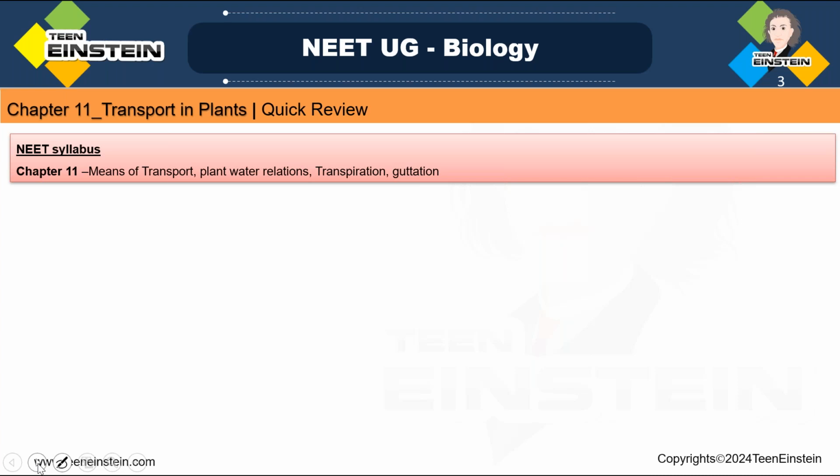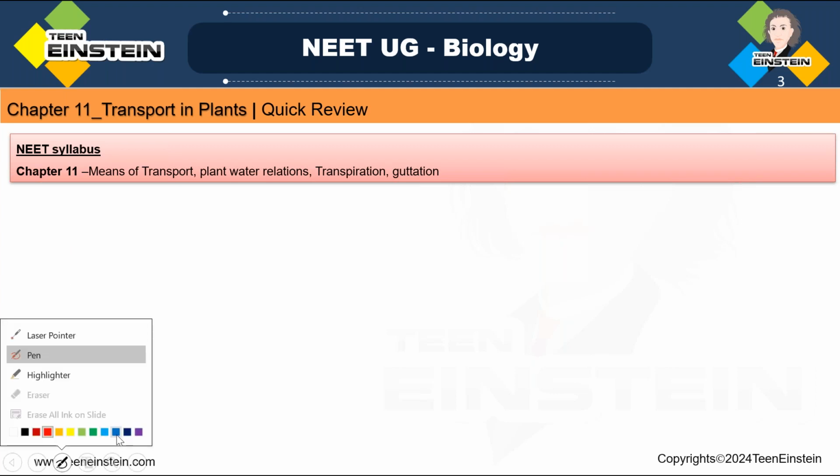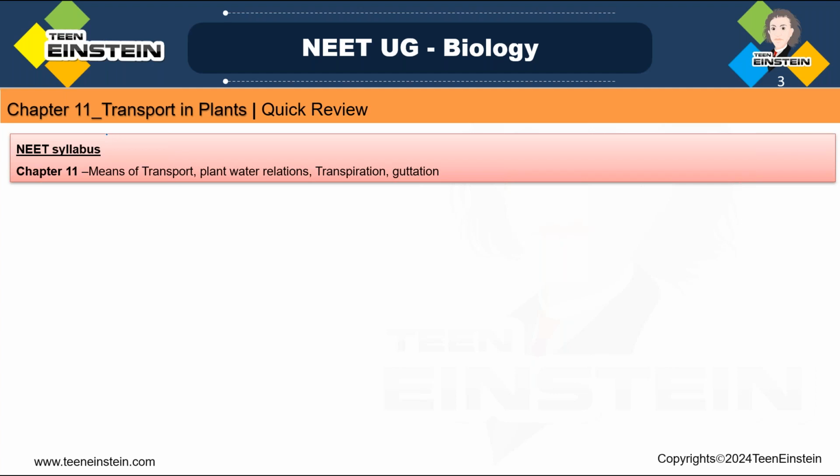So in the previous class we have learned about means of transport, and in that we have learned about long distance transport and short distance transport. We have learned about active transport and passive transport, right?